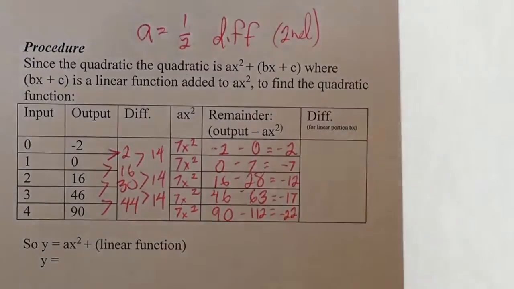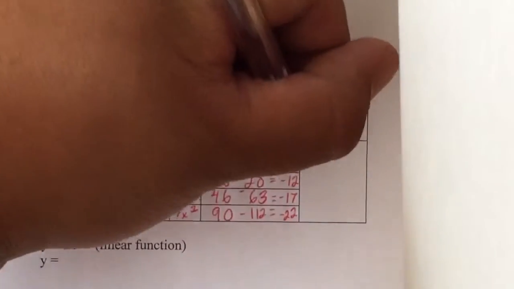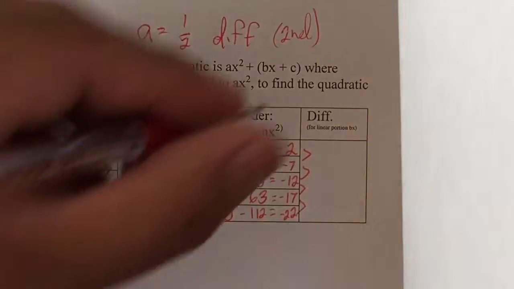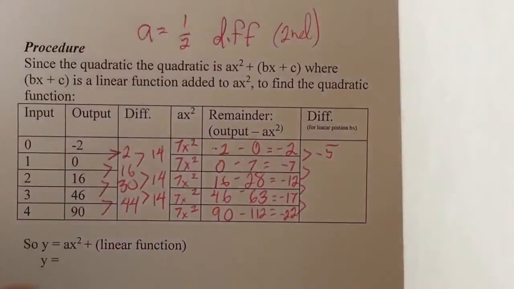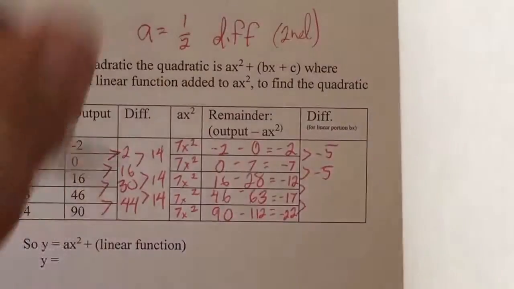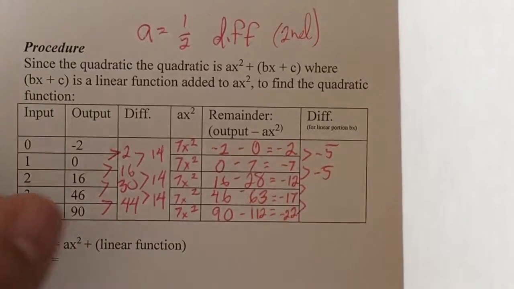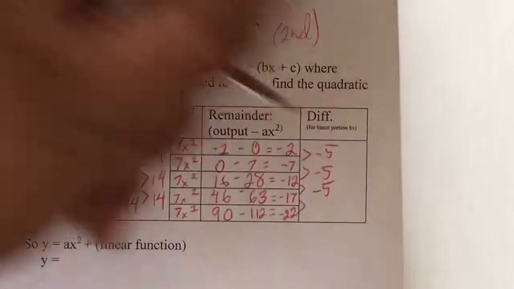So once we find those terms, we'll go ahead and find the differences here. We got -7 minus -2. Be careful with that minus -2. We'll end up with -5. -12 minus -7 ends up being -5. -17 minus -12 is also -5.